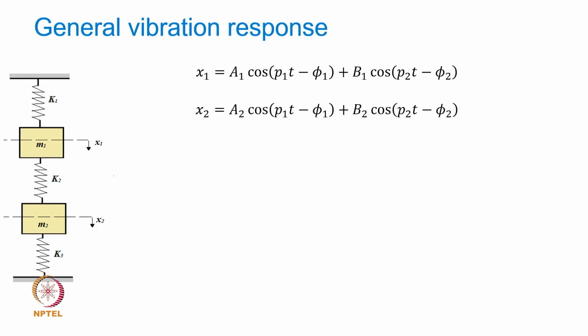How much the first mode will contribute, and how much the second mode will contribute, will be quantified through the values of A1 and B1. So, when we say that it is going to be contributed from the first mode, the motion of x1 and x2 are related that way.